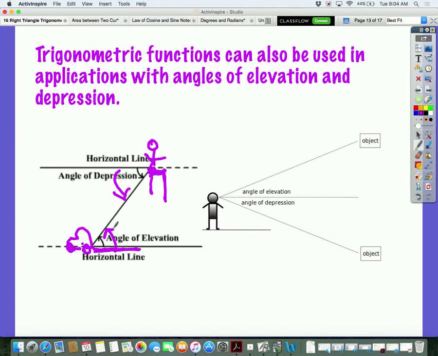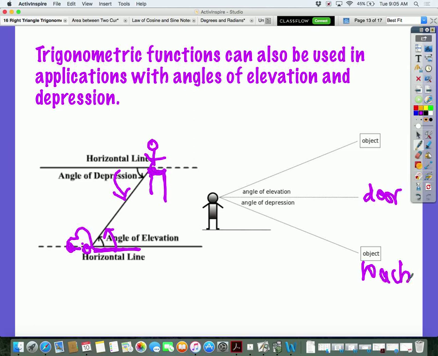Here's another picture. You have a person who's standing straight, and right now I'm looking straight ahead at the door. But oh no, I see a cockroach crawling on the ground, so I have an angle of depression, because where I was originally looking has now been averted down. Here's the door. There's the roach.